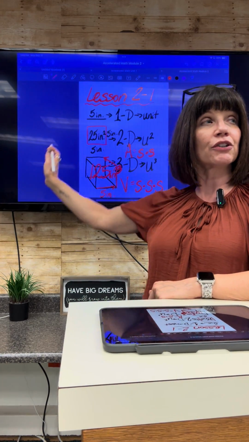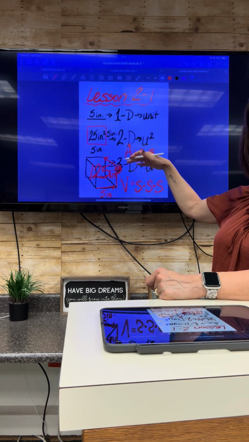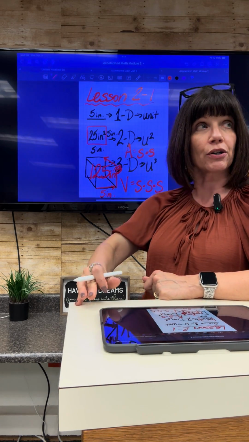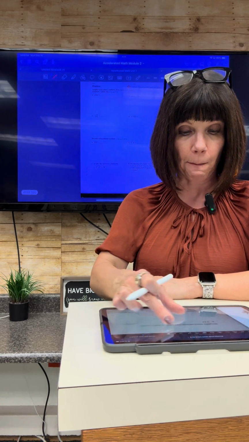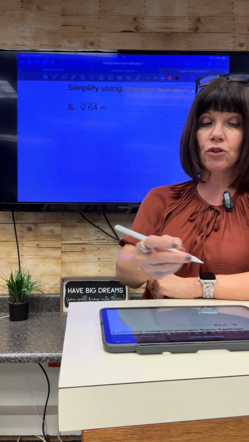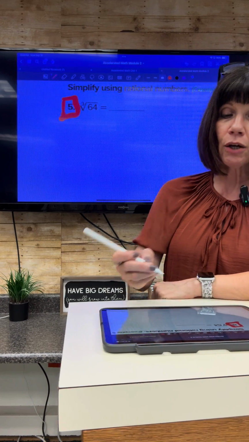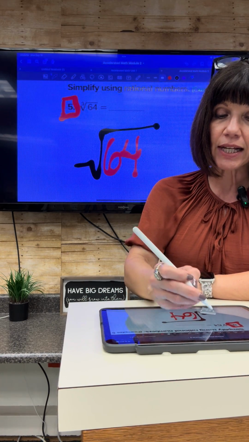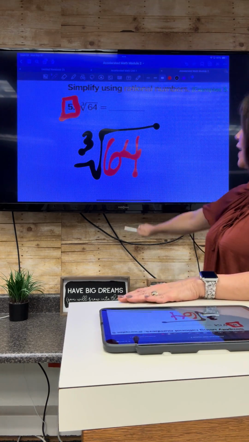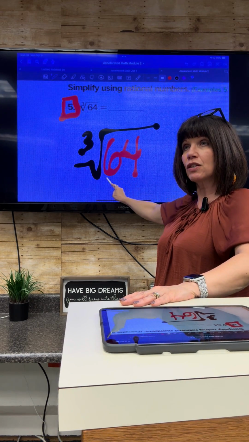All right, does everybody understand how this will help you to understand your lesson 2-1 a little bit better? Here's why. Everybody looking up here, not at your paper. First of all, if you had any struggles with number 5, it was cube root of 64, which can be found by tapping on the calculator 64.